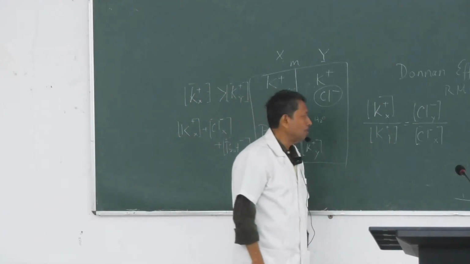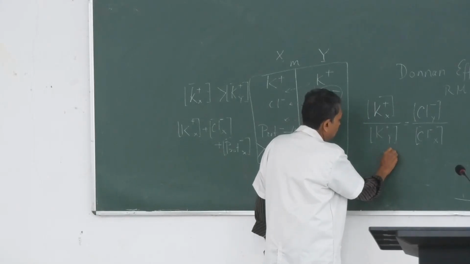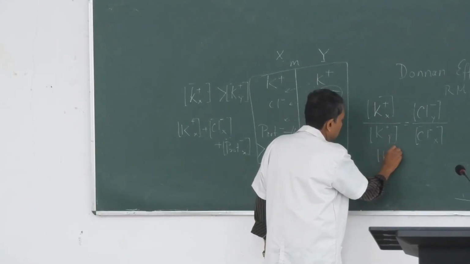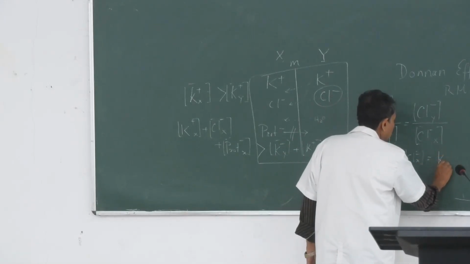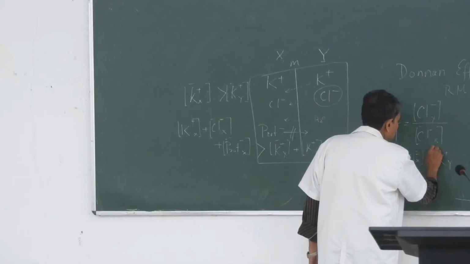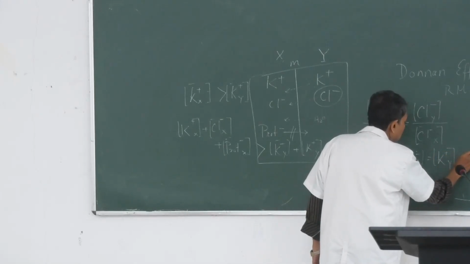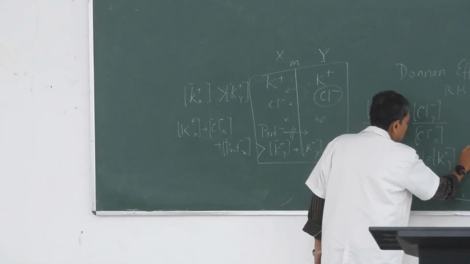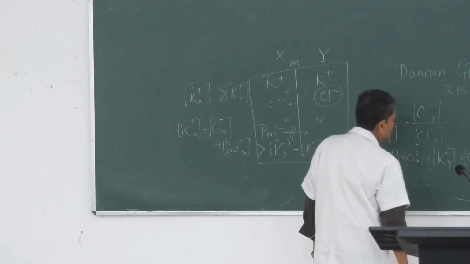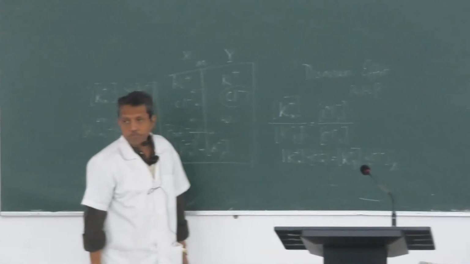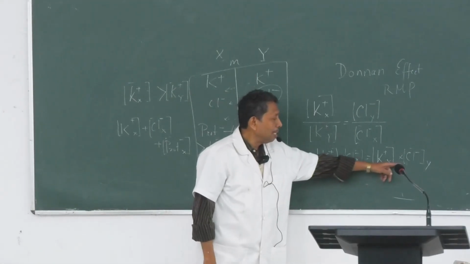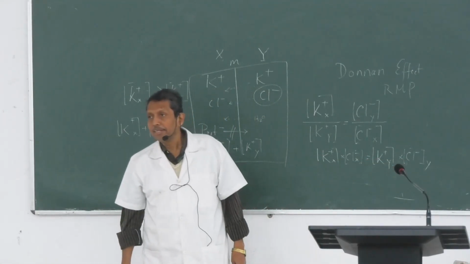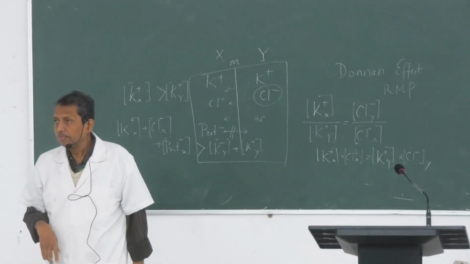And by cross multiplication, you will find that potassium concentration X into chloride concentration X is equal to potassium concentration Y into chloride concentration Y. They will be equal, and these numerical values on this, they are equal.